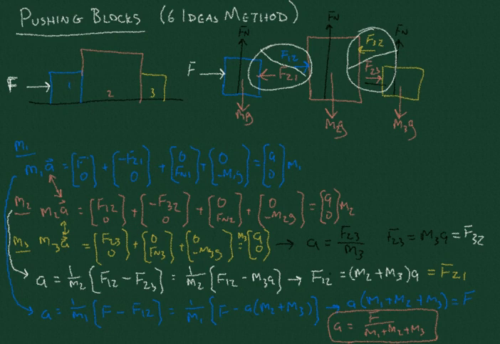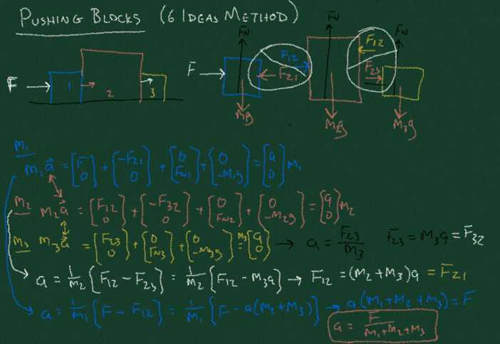The force of 1 on 2 is the second two masses, right? Here's F1,2, and so it's mass 2, mass 3 times the acceleration. And then F2,3 is just equal to m3 times the acceleration. So our answer makes sense.